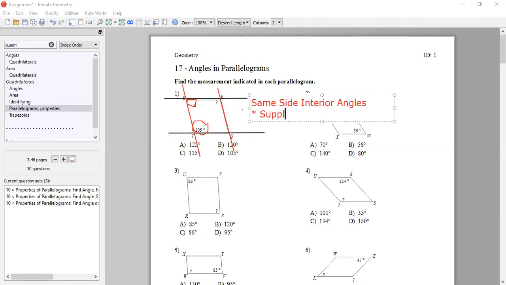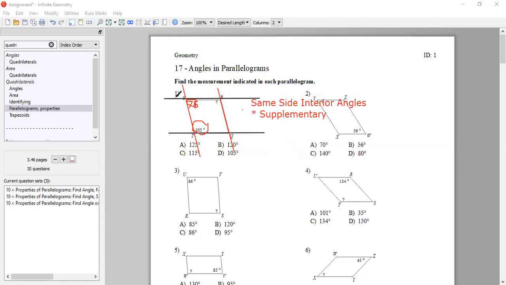They are supplementary. Anytime you have two parallel lines and a transversal, same side interior angles are supplementary. Therefore, this angle at the top must be 75 degrees, because supplementary means they add up to 180. That has to be a 75-degree angle.